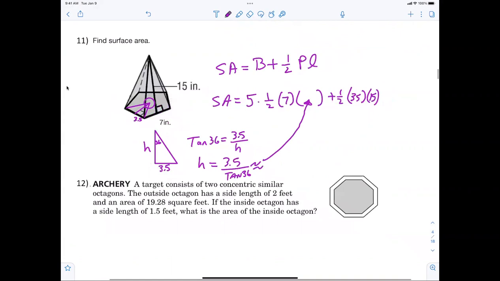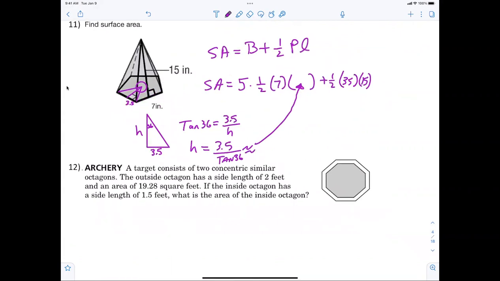Now calculate that out for me. What does that come out to be? I'm listening. 4.820. How much? 4.820. Okay, now give me the surface area. 346.85. Something like that. Anybody else get something like that? Close enough? Good enough?